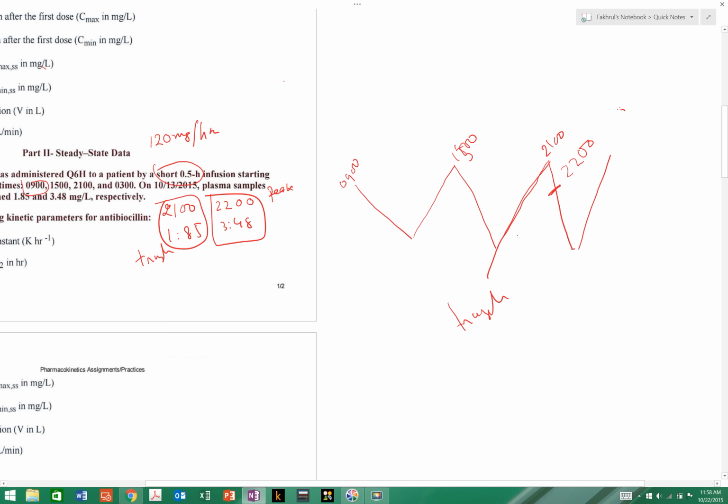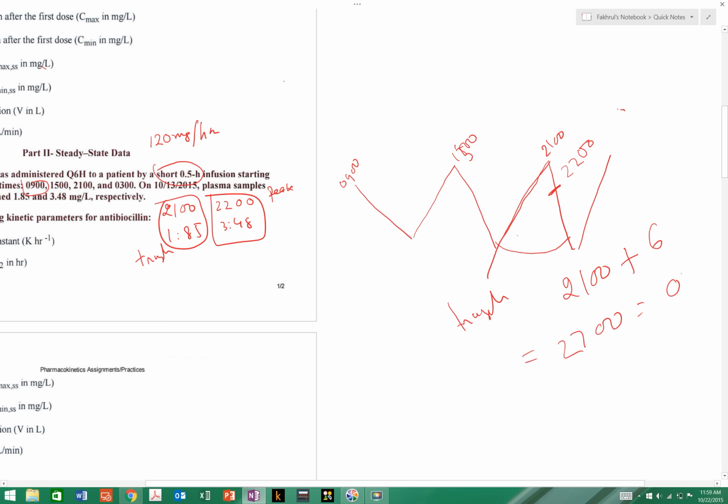So what we do, we move this one dosing interval forward. Your trough time is 2100, so you add 6 hours, which would be 2700.